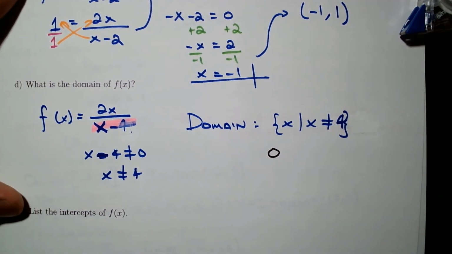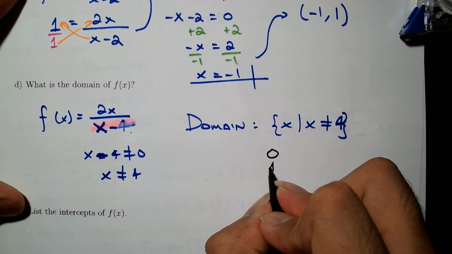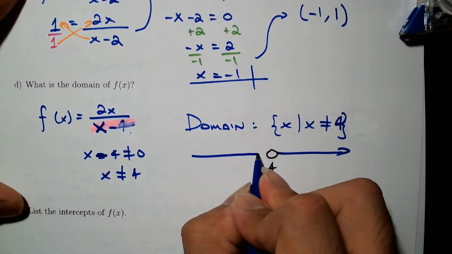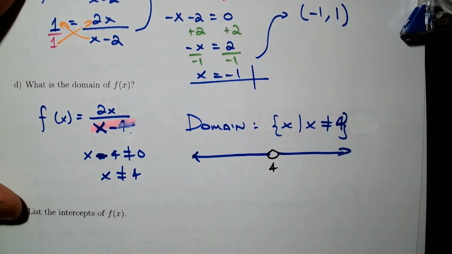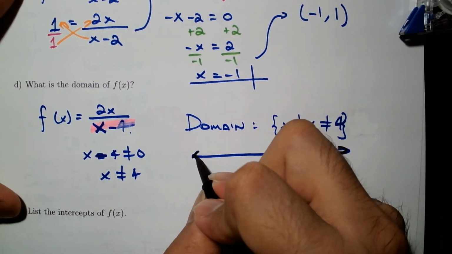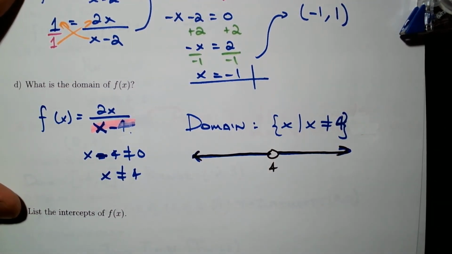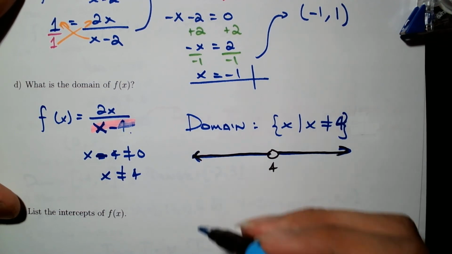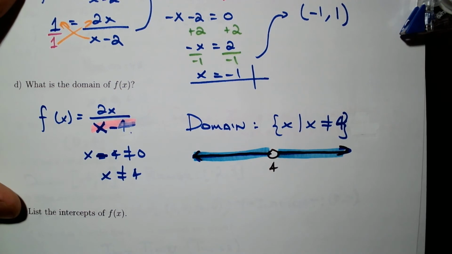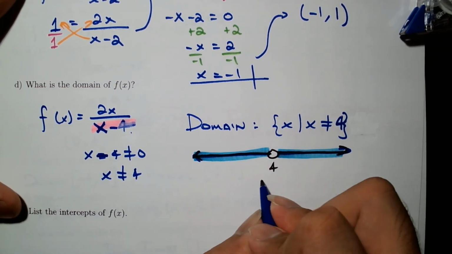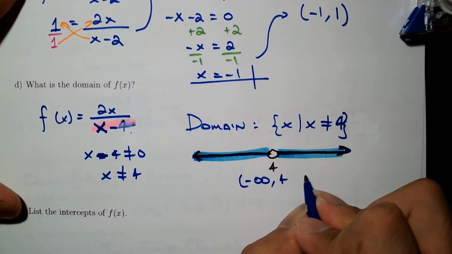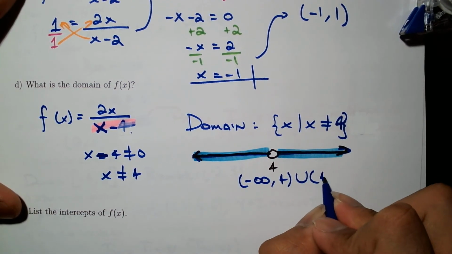So put an open bubble for that 2 that cannot be taken by the function. Right? So it's basically all real numbers except 2. Using interval notation, negative infinity to 2, union 2 to infinity.